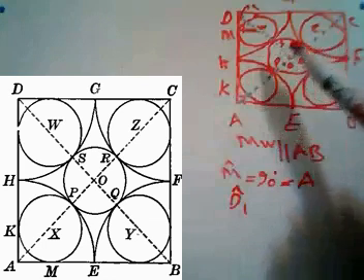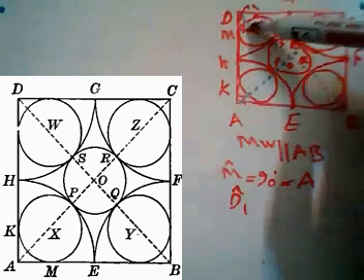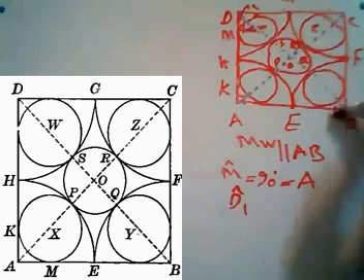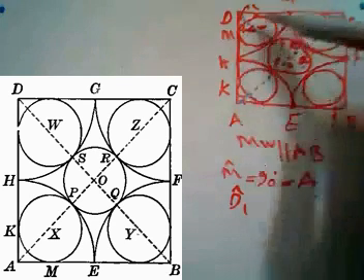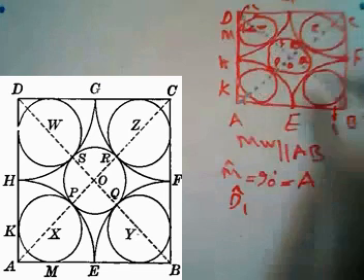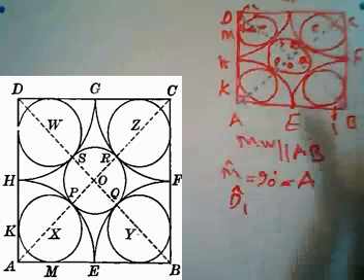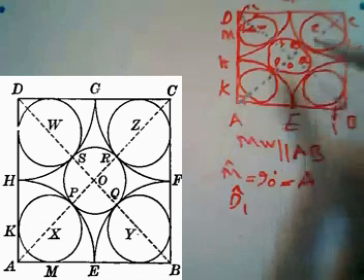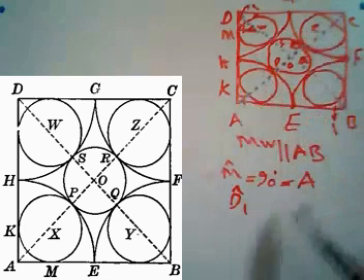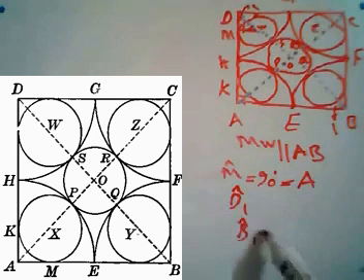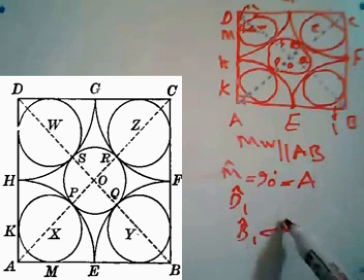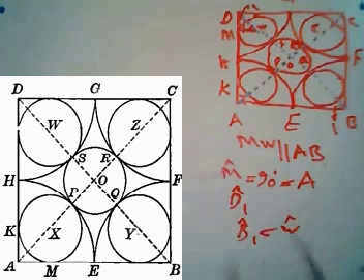And this angle W and B1 are also equal because these two lines are parallel and another line intersects them. So B1 equals W, and the two triangles are similar.